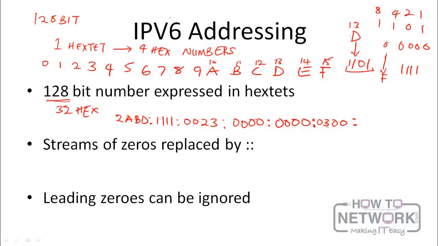This is 1, 2, 3, 4, 5, 6, so 2 octets to go, 1DFF colon 2ABC. Now this is an IP version 6 address, and it's that long.